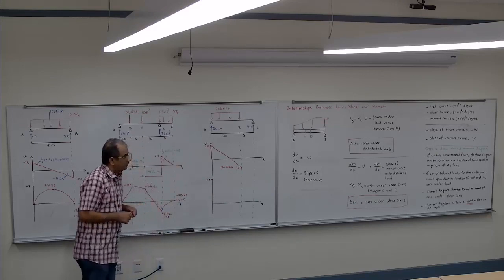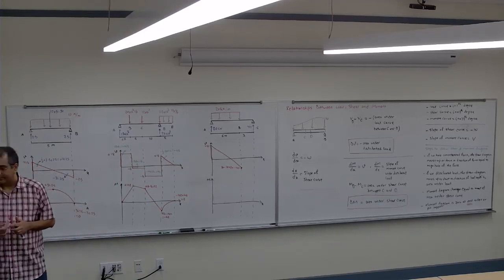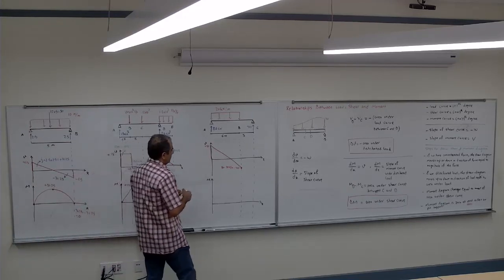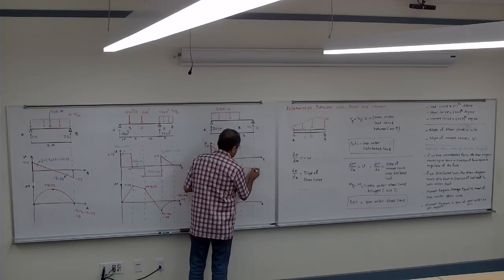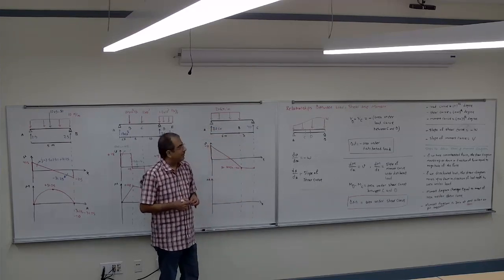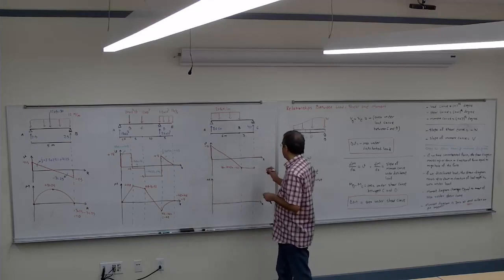So what will happen between B and C? Nothing. So between B and C, I have nothing, so it's going to stay negative 40, because nothing happened there. And then what happened at C? It goes up 40.